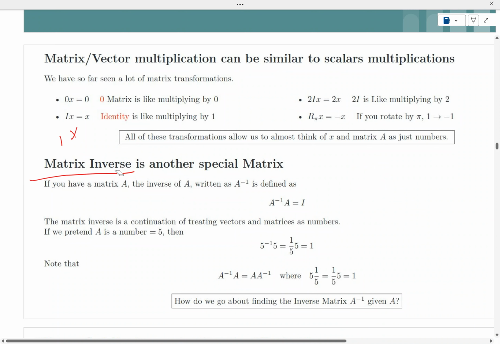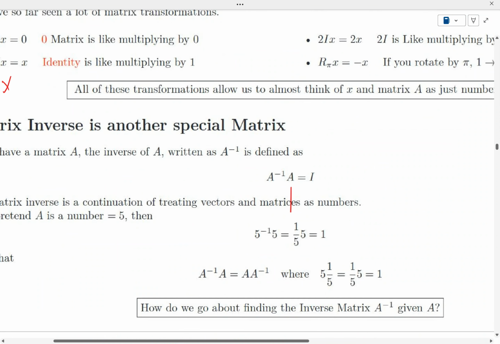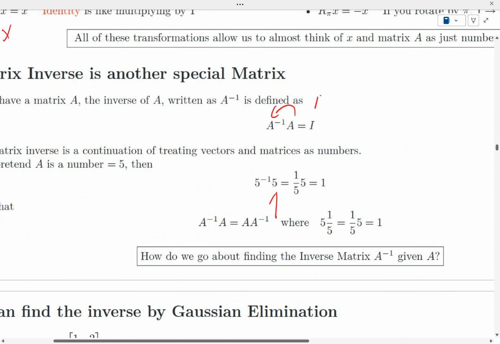And what happens is if you have a matrix A and you multiply by the A inverse, it's equivalent to getting an identity matrix. Remember, the identity is the matrix version of the number 1, right? So if you multiply by this, you get a 1 back. It's like you have a 5, you multiply 5 by the inverse, you get a 1, right? So the matrix also has its own inverse.